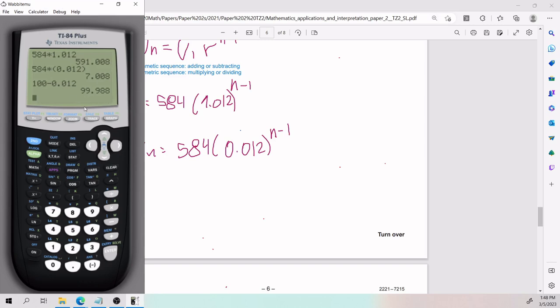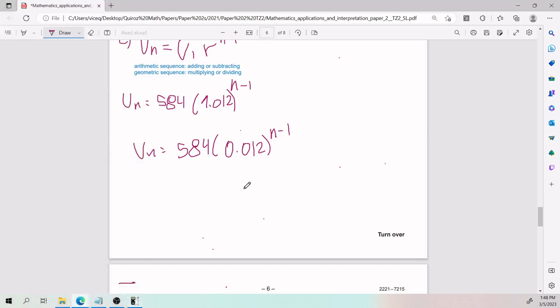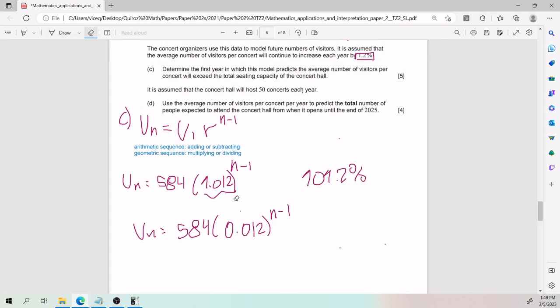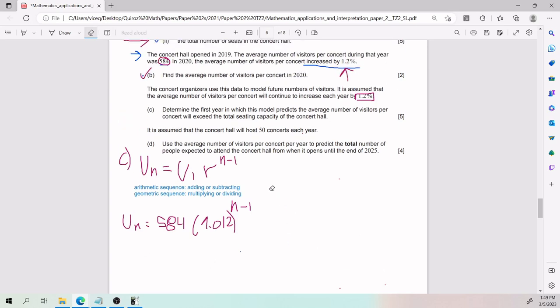So if you want to increase it by 1.2%, you actually have to do 100 plus that 1.2. That is going to be your percent. See? So 101.2% is this number here. All right? Common mistake. Be careful about that. All right? So we use the one on the top for the reason that I just explained, and we need to figure out what n is. All right? Now that is exactly the problem. See?